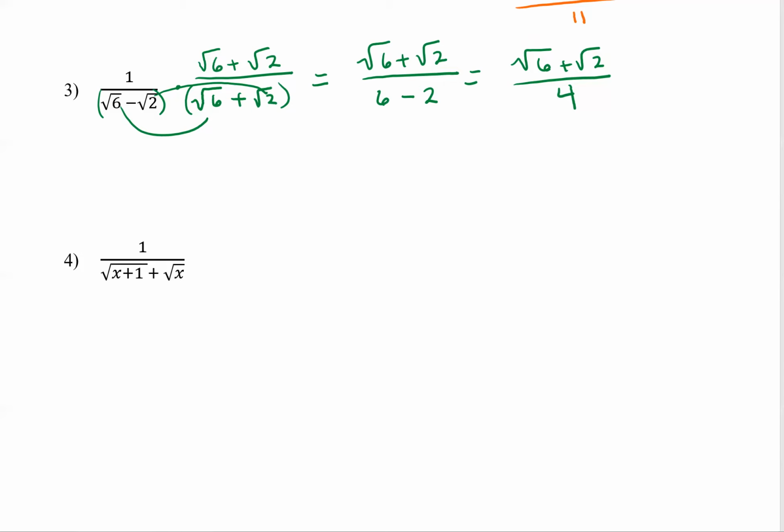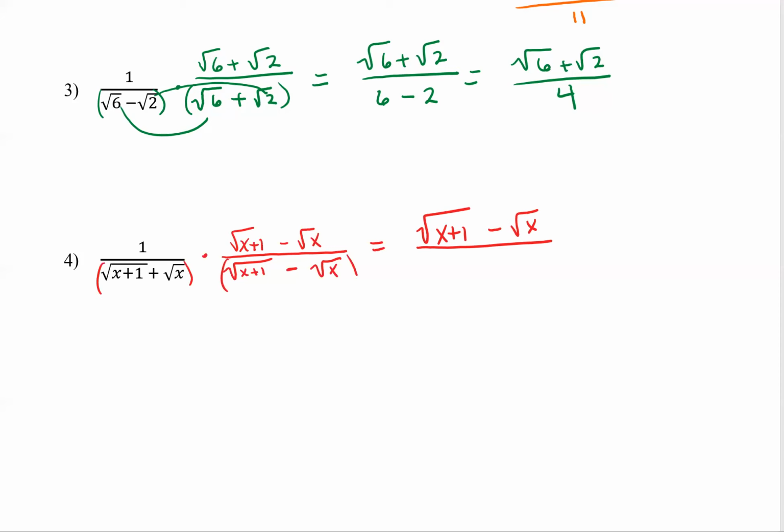And finally, number 4. If you can do number 3, you can do number 4. The conjugate is the square root of x plus 1 minus the square root of x. So we just need to multiply the first and the last.